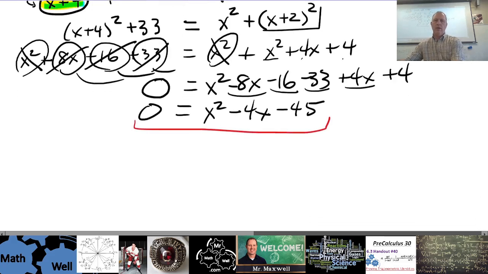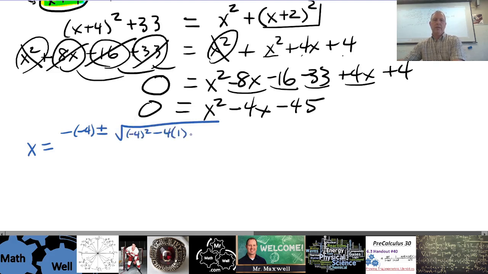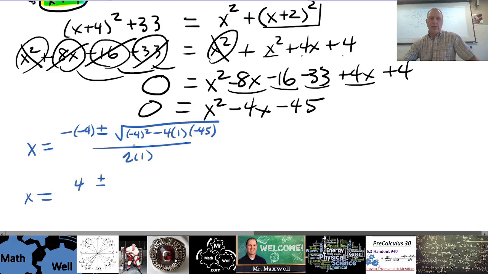So x equals negative b, that's negative 4, plus or minus the square root of b squared, negative 4 squared, minus 4 times a, which is 1, times c, which is negative 45, all over 2 times a, which is 1. So x equals positive 4 plus or minus. Now what is this in here? This is the discriminant, remember?